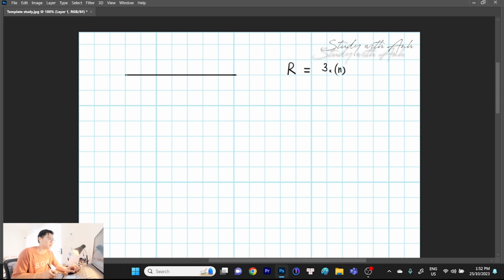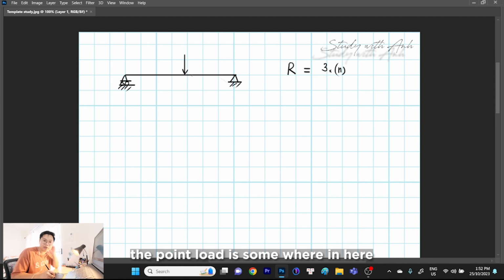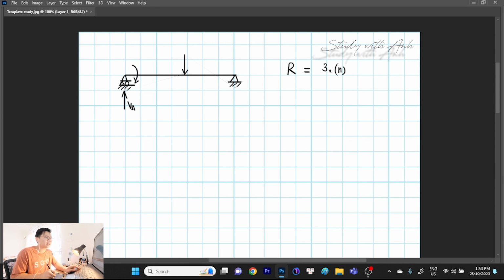equations. For example, if you have a roller support and a hinge support here and a load somewhere in here, at the roller support you're going to have one vertical reaction only, because the roller support can rotate and can move horizontally.